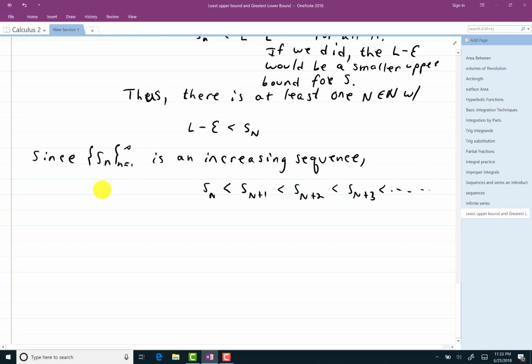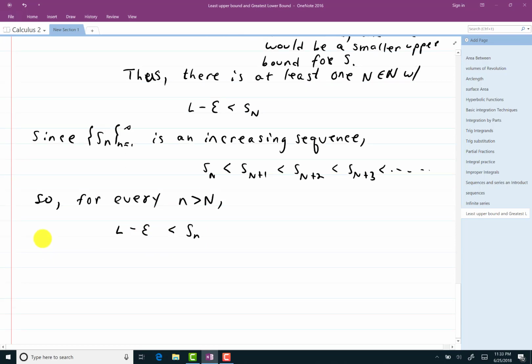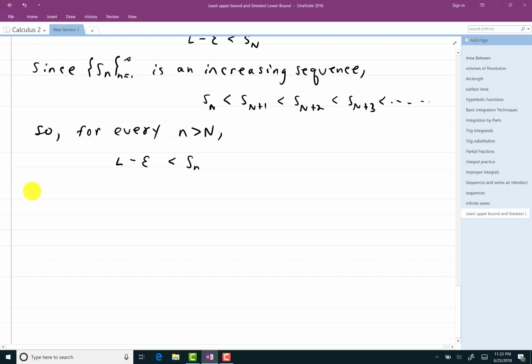In other words, for every n greater than this particular capital N, S sub n is greater than L minus epsilon. So now we have it.